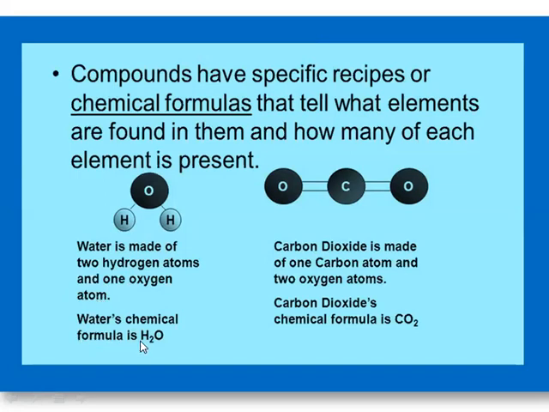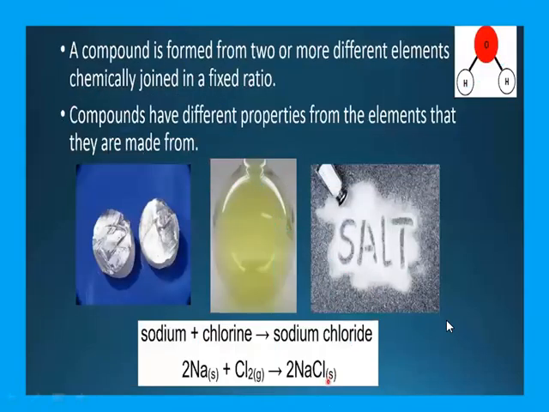Hence, its chemical formula is H2O. Carbon dioxide is made up of 1 carbon atom and 2 oxygen atoms. Hence, its chemical formula is CO2. A compound is formed from 2 or more different elements chemically joined in a fixed ratio.